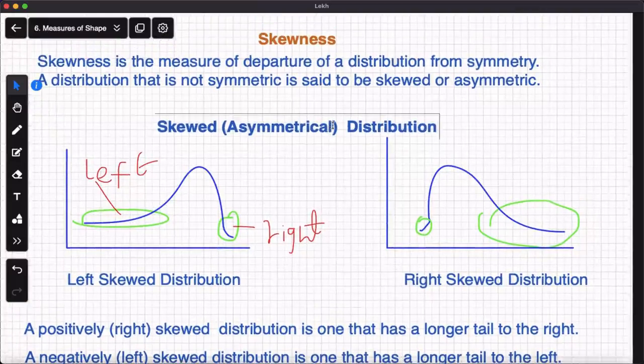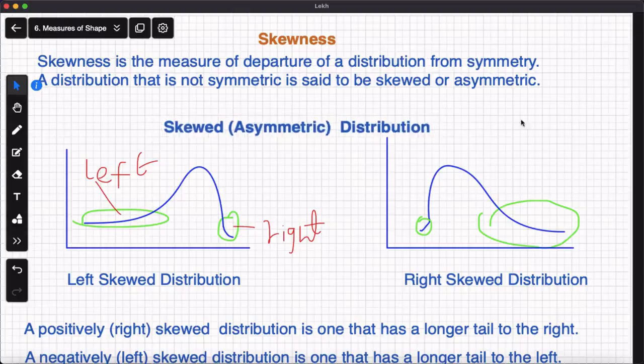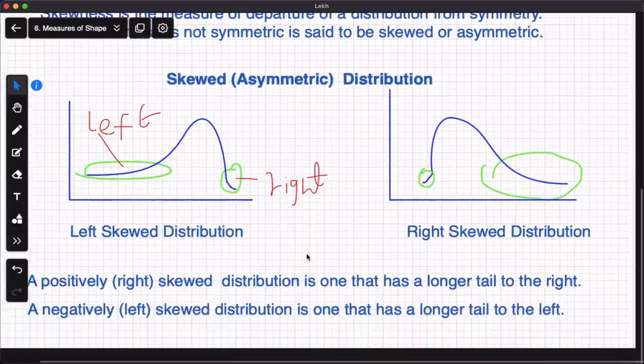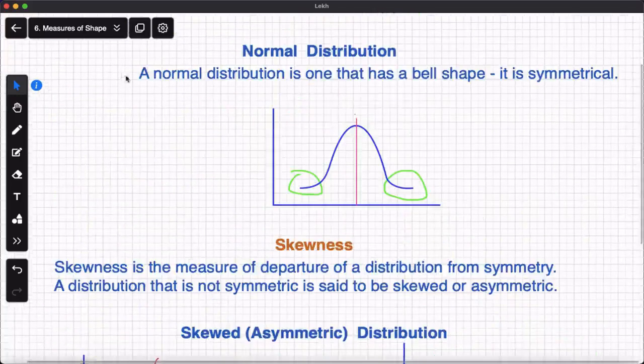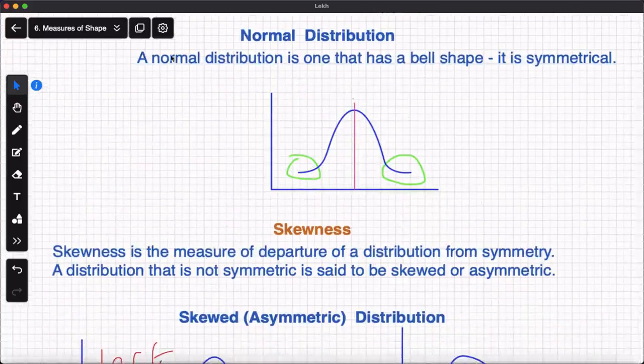Some people may prefer to write the word asymmetrical, but I'll be using asymmetric here. We define a positively skewed distribution to be one that has a longer tail to the right, and a negatively skewed distribution to be one that has a longer tail to the left.